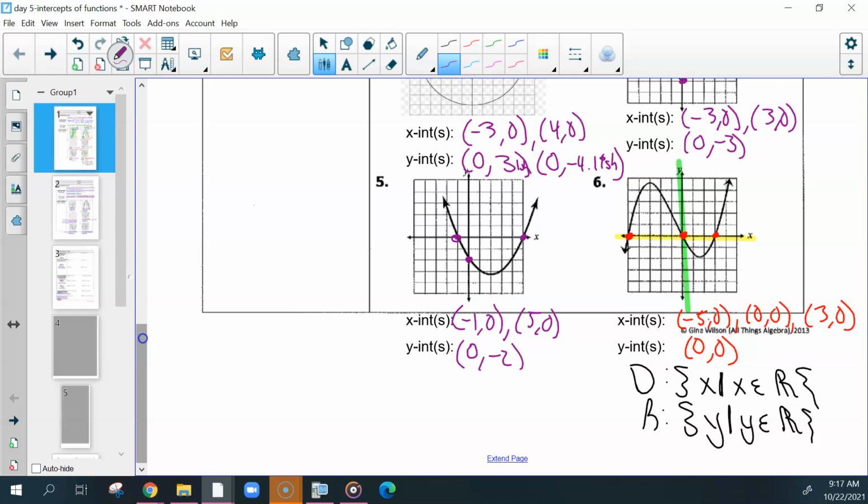So for 3, 4, and 5, you should have had 2 X-intercepts. Number 3, you should have had 2 Y-intercepts. And if you put like a decimal, well, maybe yours was a little off. As long as it was close, that's fine.